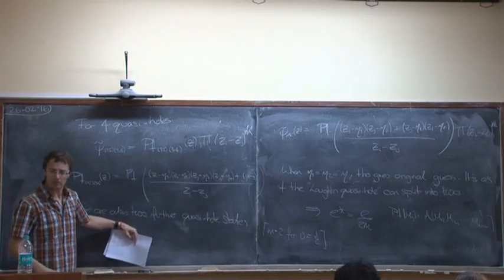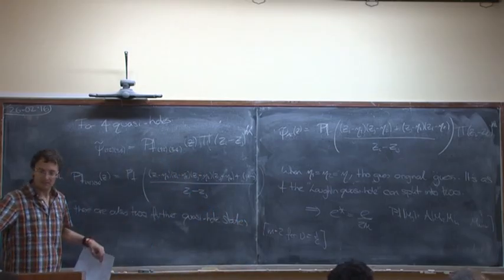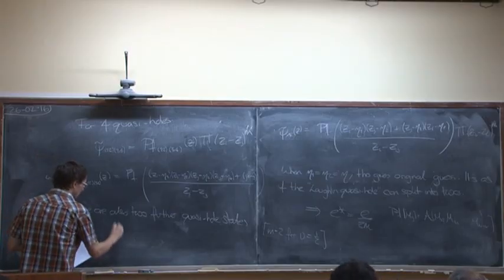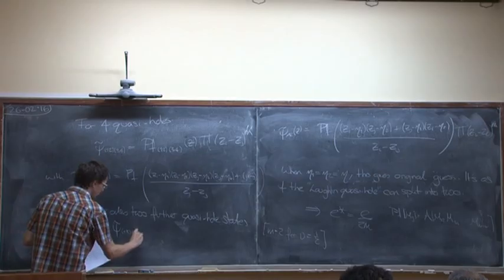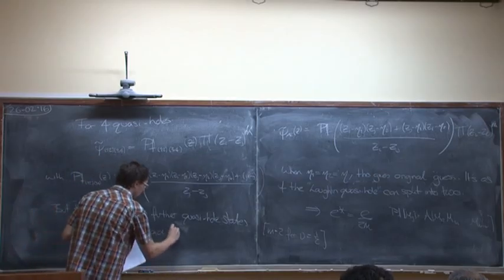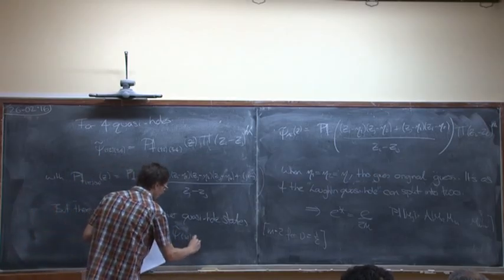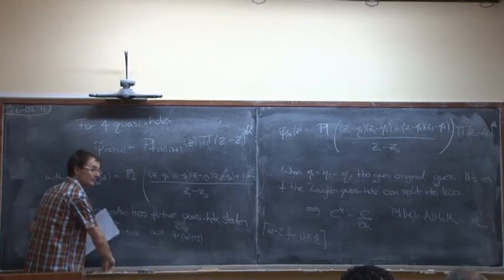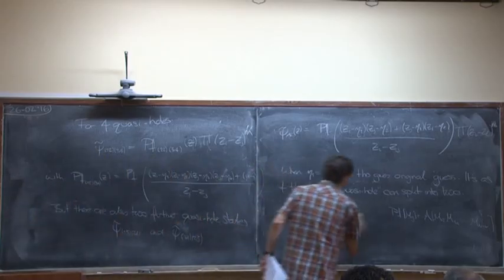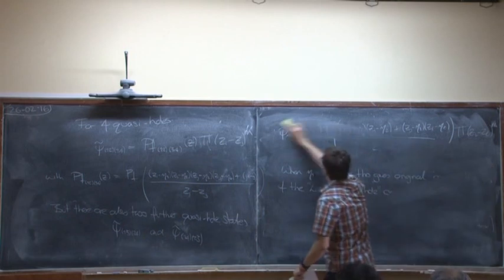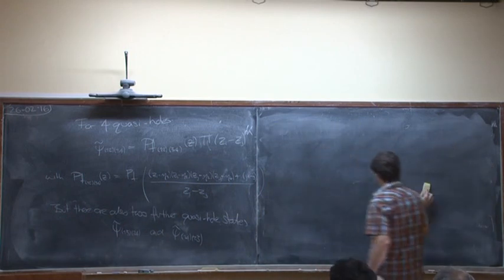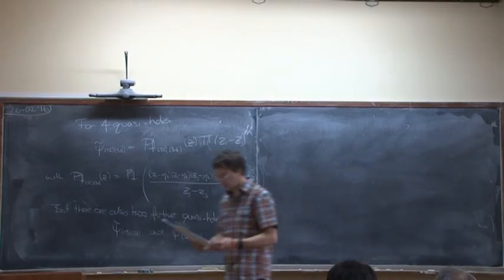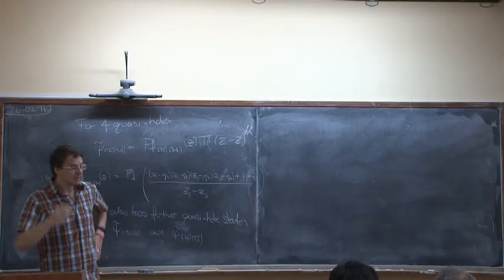It's the obvious thing, where you just do the other pairs. You do 1, 3, and 2, 4. And you do 1, 4, and 2, 3. So the quasi-holes come in pairs.